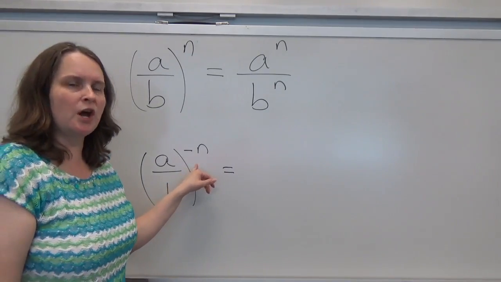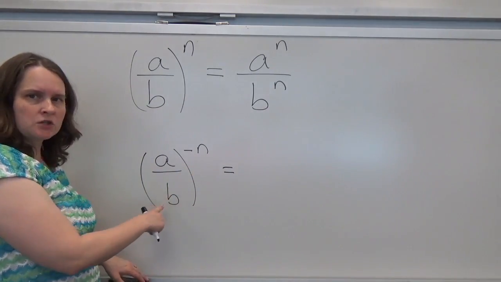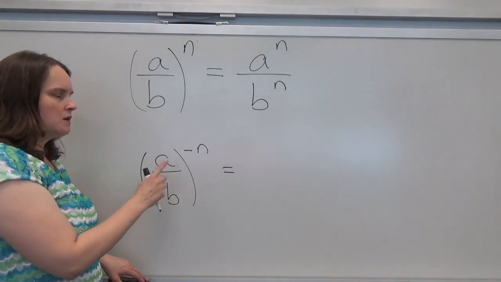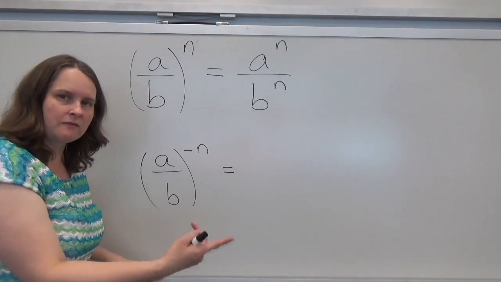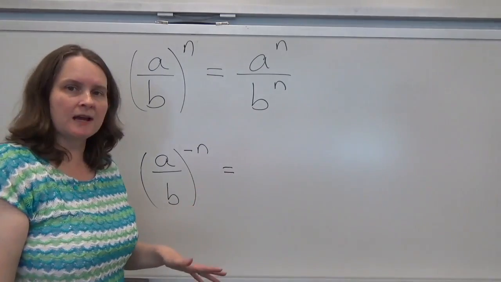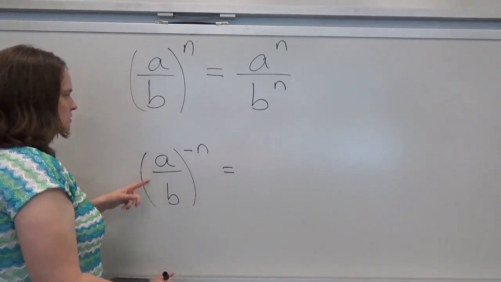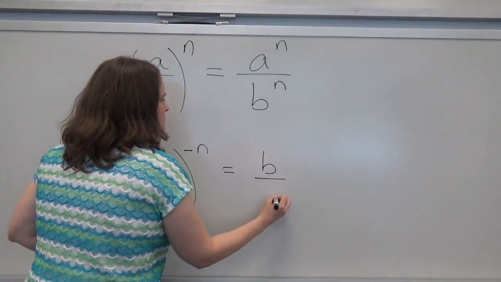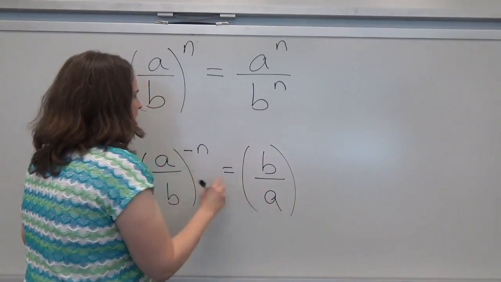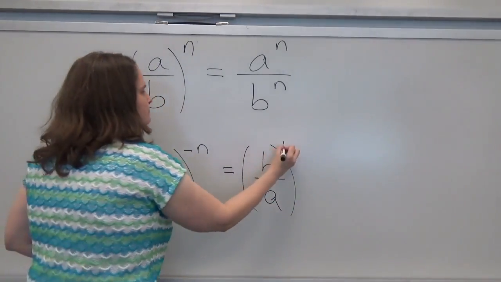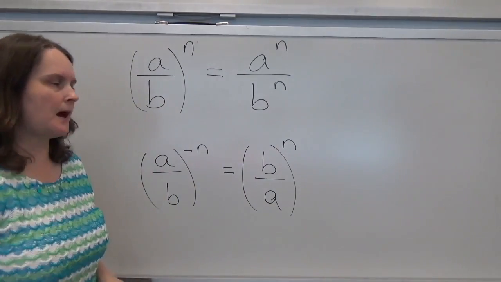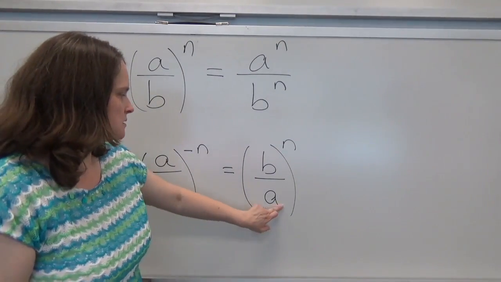So I could say it's 1 over this big fraction here. And so 1 divided by this fraction, when I divide the fraction out, it just turns into b over a. It just takes the reciprocal of it. And then the sign of this exponent changes. So b over a raised to the n power is the last rule that I'm going to discuss.